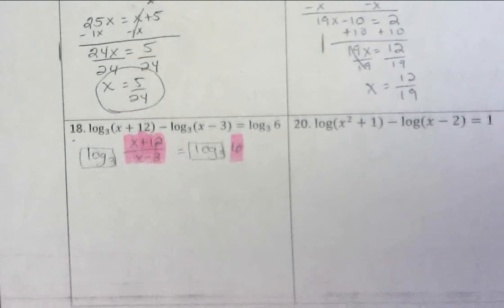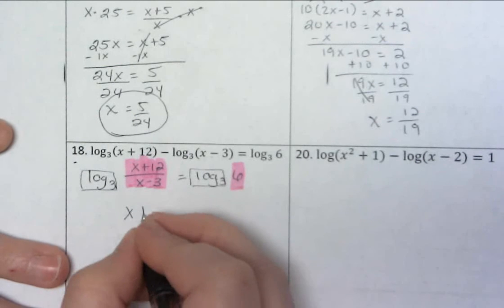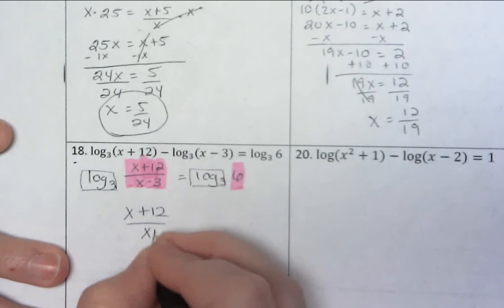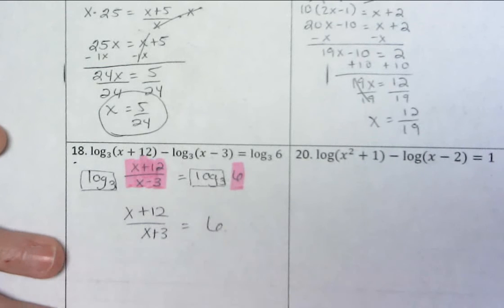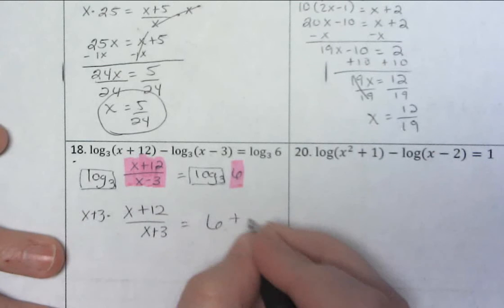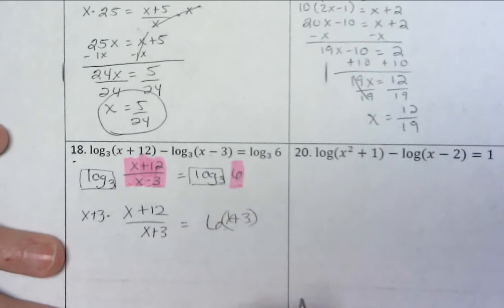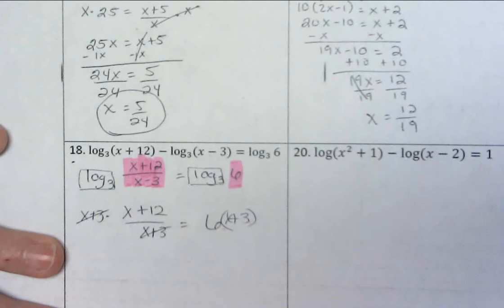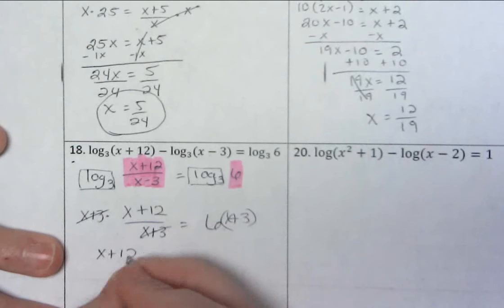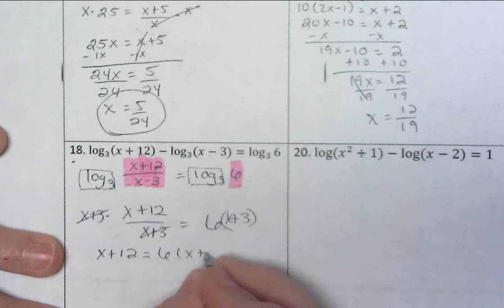So if these two are the exact same base and everything, then we can do that: (x plus 12) over (x plus 3) equals 6, and solve from there. So we multiply x plus 3 on both sides. Sorry about that, that says x plus 3. And those two cancel to give us x plus 12 equals 6 times (x plus 3).